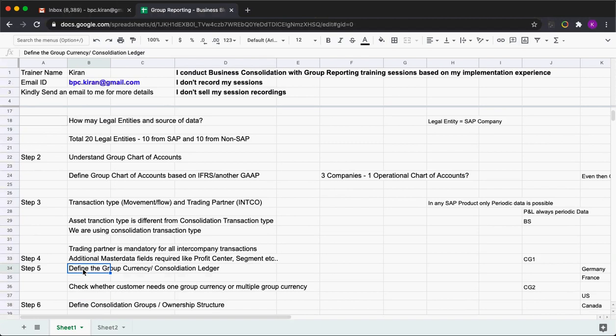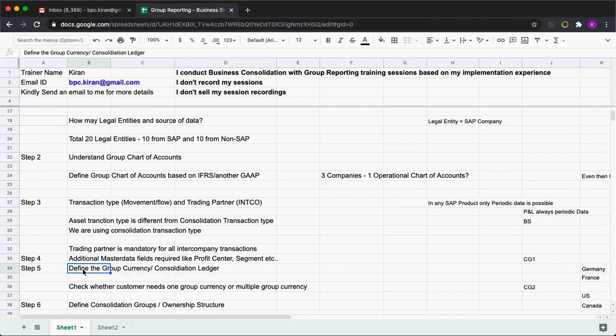Then list out group currency. What group currencies is your customer expecting? For my 20 entities, there might be different currencies. Some are US companies, some are Canada companies, some are India companies. So list out the group currencies required.